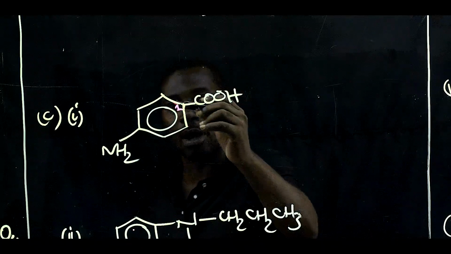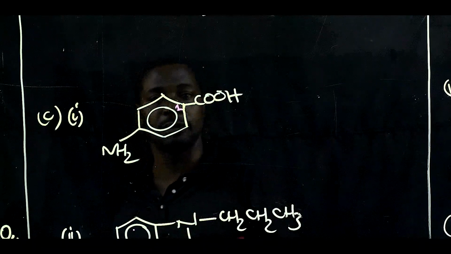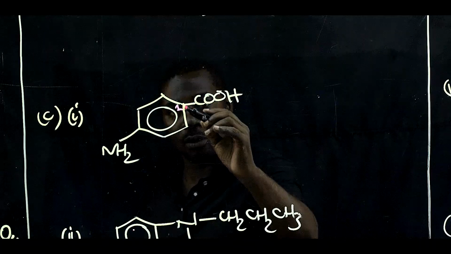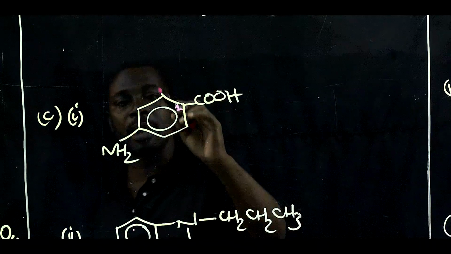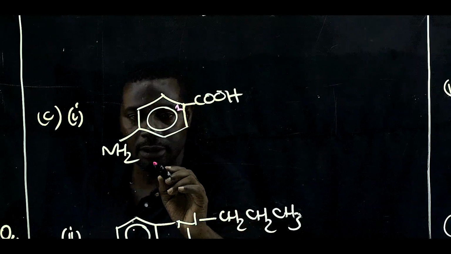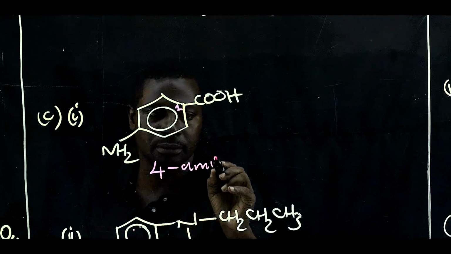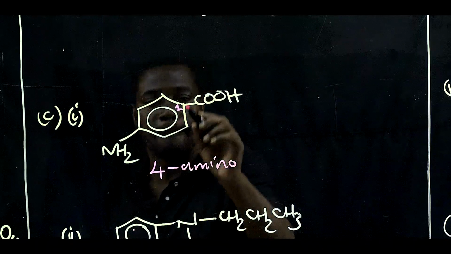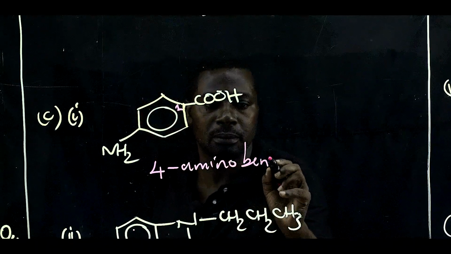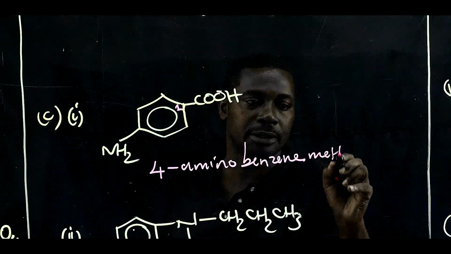For example, 1, 2, 3, 4, amino occurred at carbon number 4. By using another direction, 1, 2, 3, 4, amino occurred at carbon 4. So the IUPAC name of this should be 4-amino benzene methanoic acid.